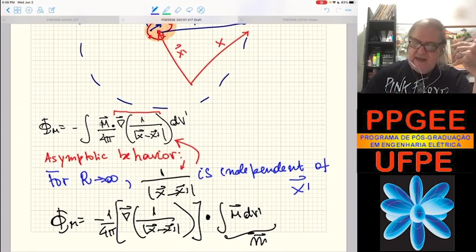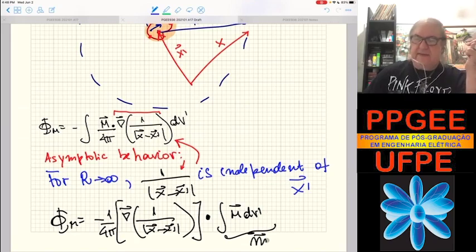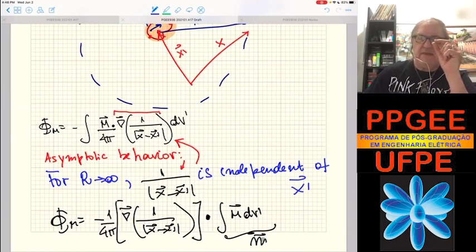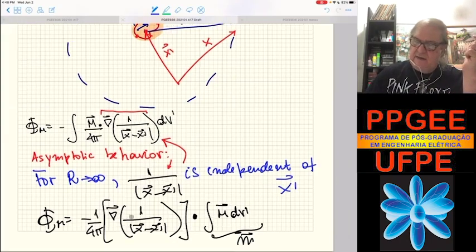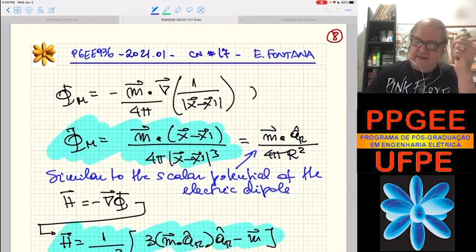Then you have the integral of m dv, which is the magnetic dipole moment of the volume. It's like a small point dipole having magnetic dipole moment equal to little m. So all we have to do is calculate the gradient of this thing here. It's easy. So that's what we have, right? Dot product of the magnetic dipole times the gradient.